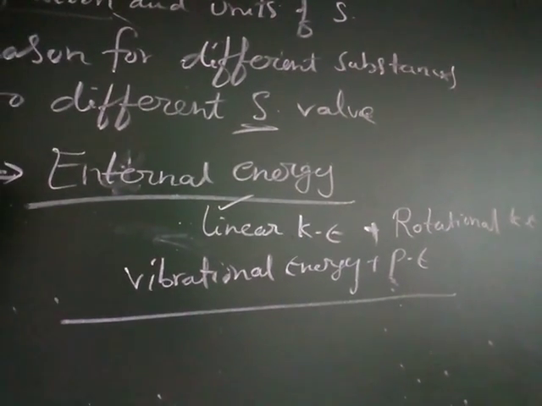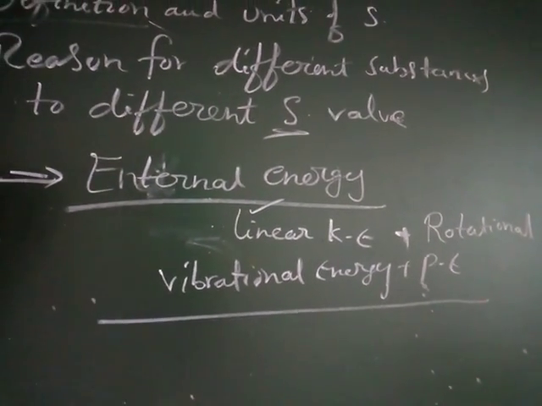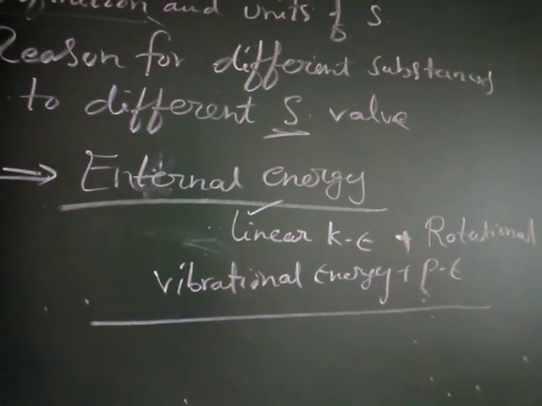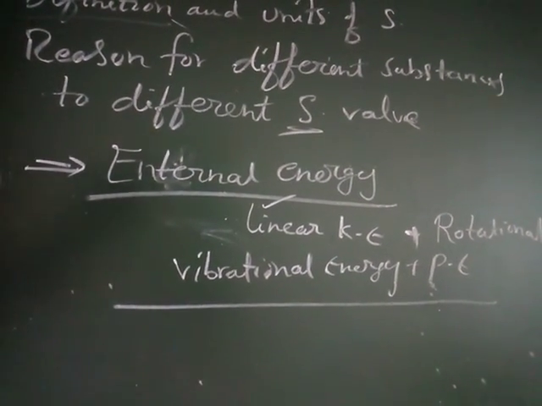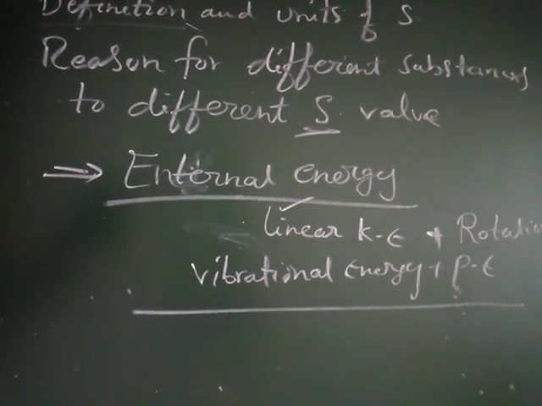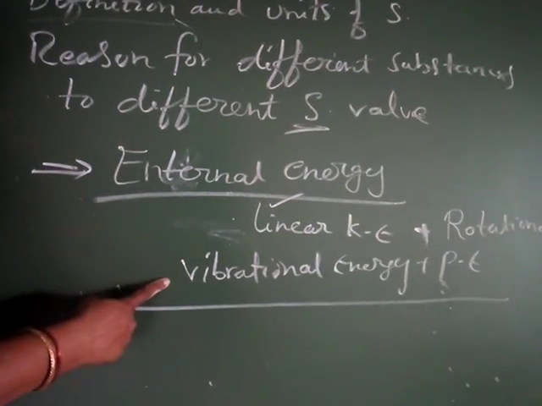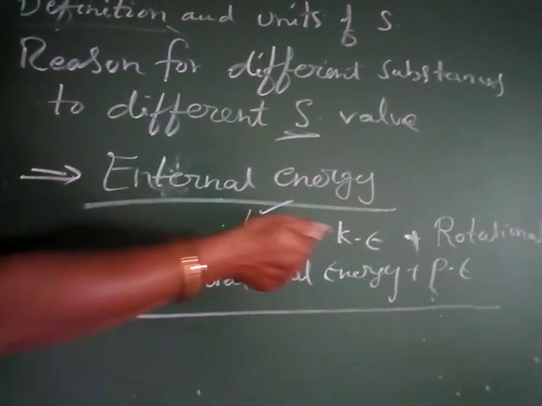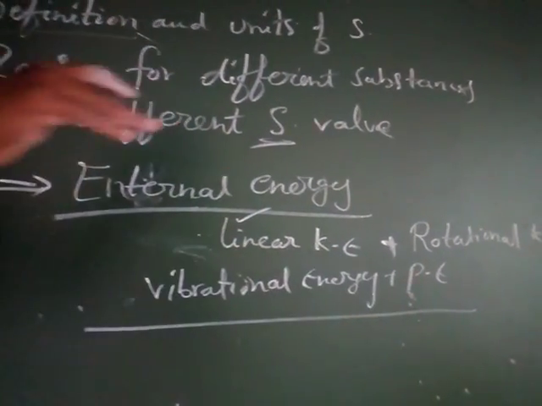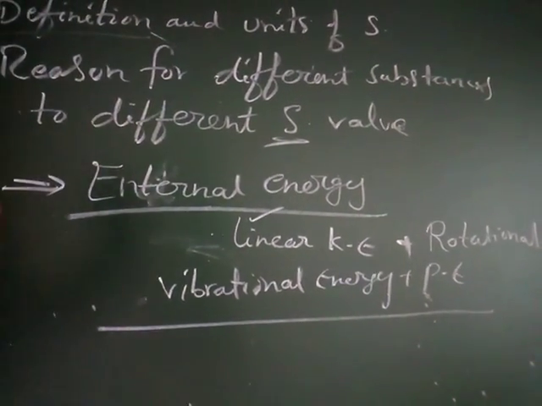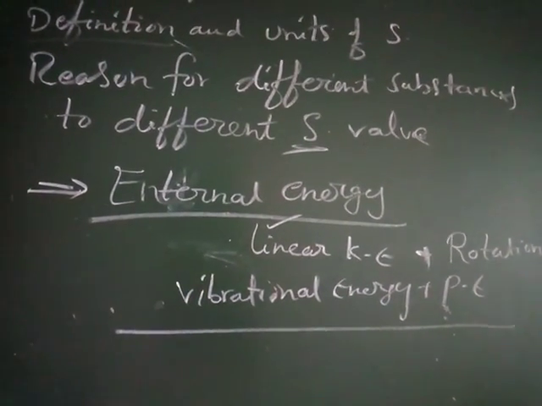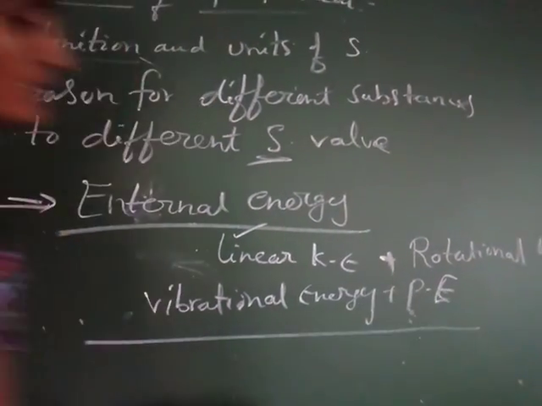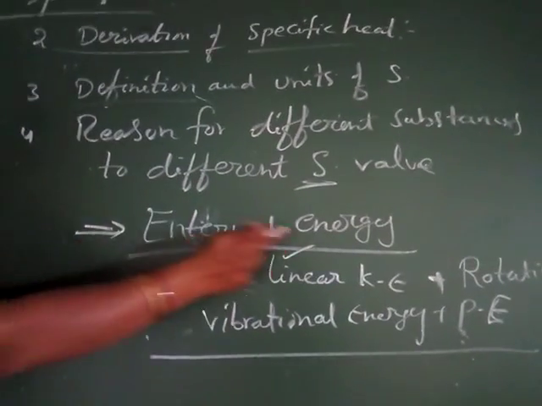If the molecules move round, that is the rotational kinetic energy. Vibrational energy is when the molecules move in to and fro motion. And potential energy is the energy possessed by virtue of its height and position. The total energies of the molecule show the internal energy.